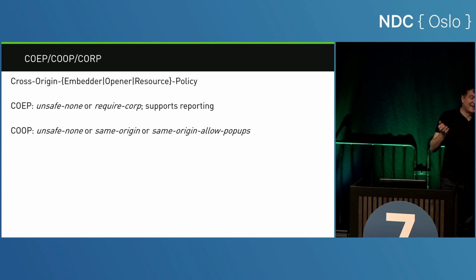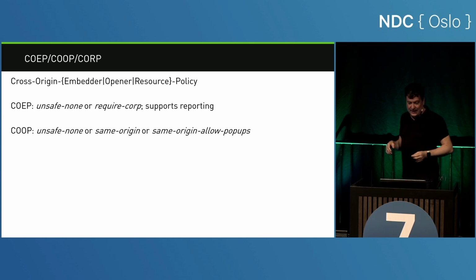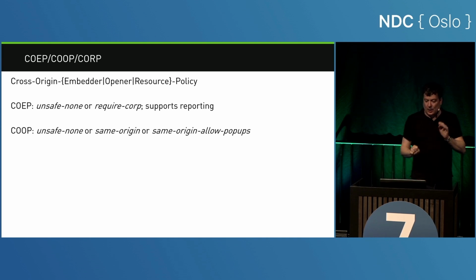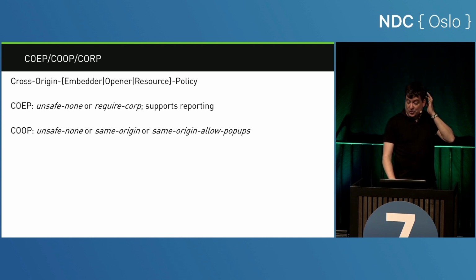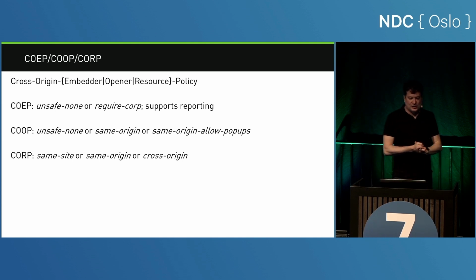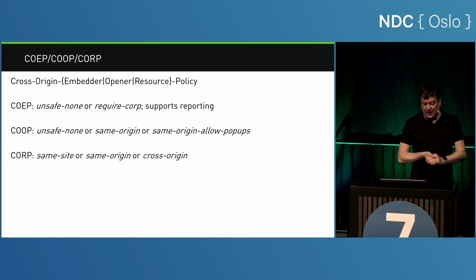Therefore, you could restrict that as well and say, okay, if the opened page has a different origin, no connection there whatsoever, which I think is useful. And as I already mentioned, the cross-origin resource policy. So if something can be included as a resource or not.